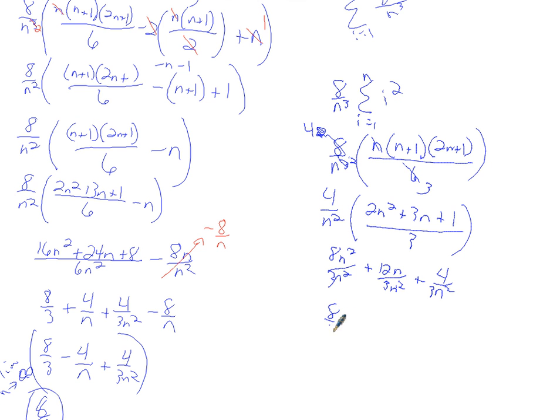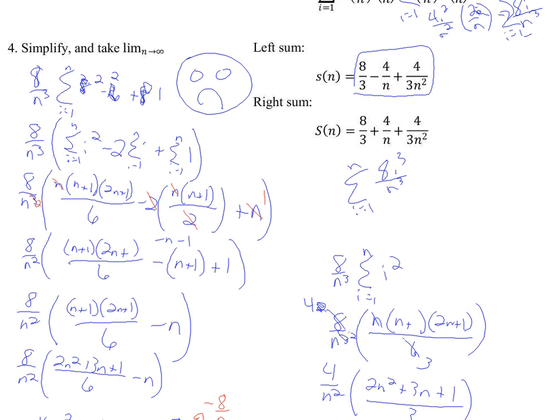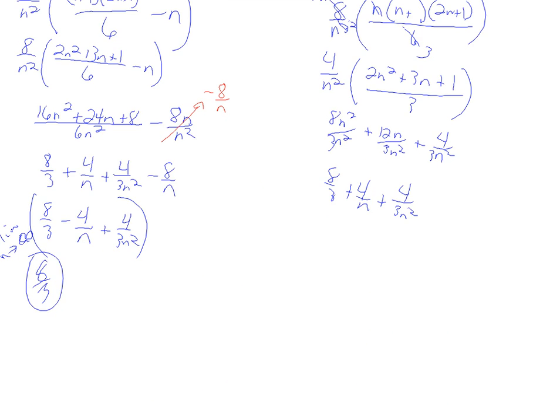Now reduce. This becomes 8/3 plus 4 over n plus 4 over 3n squared. Slightly different result, but it is what I have up here, slightly different just in sign right here. Doesn't matter because when we take the limit, it's just going to disappear. So I take the limit as n goes to infinity, and these two guys disappear, and I'm left with 8/3.